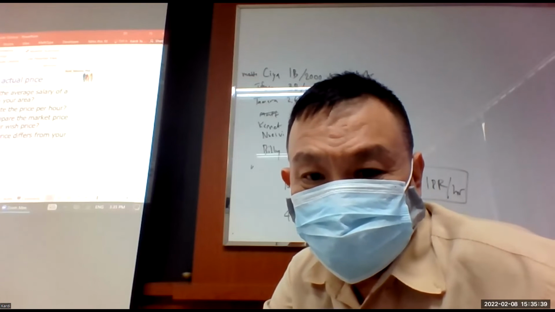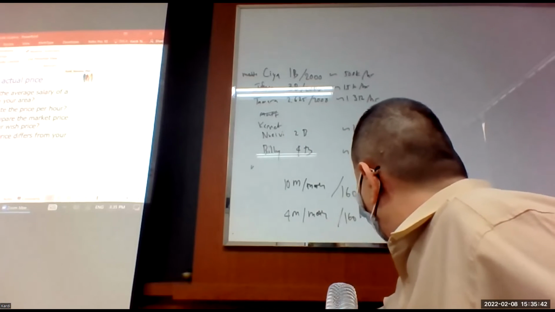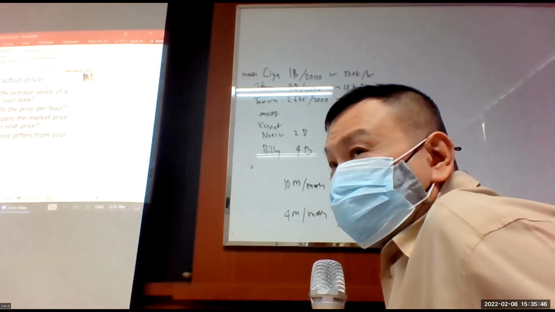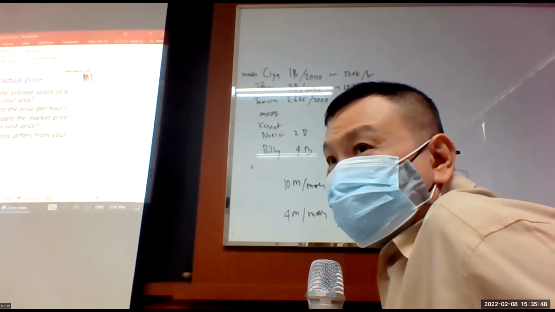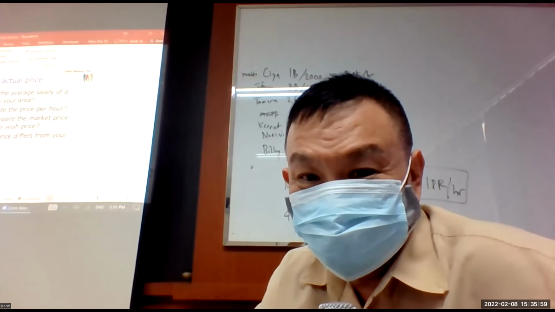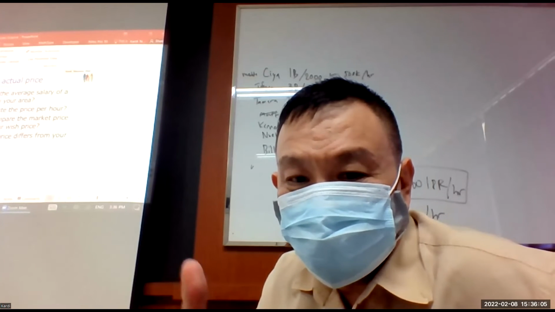So the average programmer salary in your area is around 62,500, less than $5 an hour. That's the reality, right? So now the question is, how do you compare the market price per hour and your wish price?